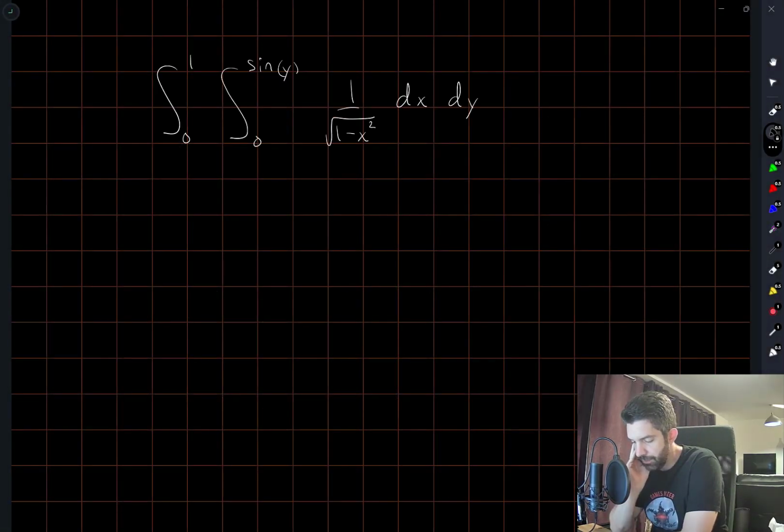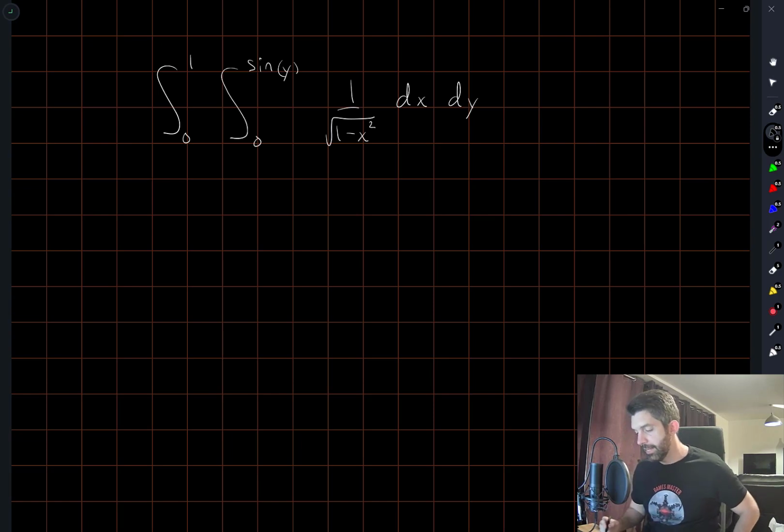Okay, so an antiderivative of 1 over the square root of 1 minus x squared. This is what? This is like arctan x, or okay, I'm going to have to do some rough work to figure out what the antiderivative of this thing is.